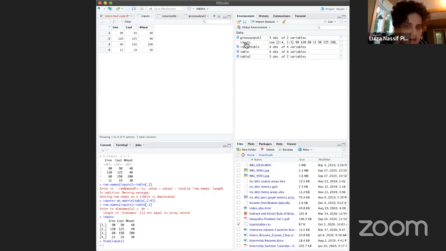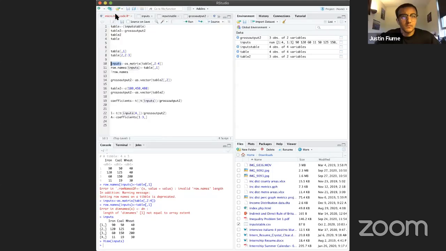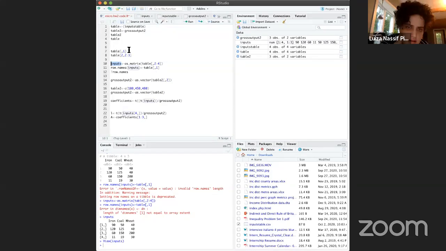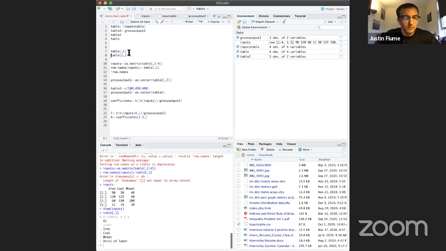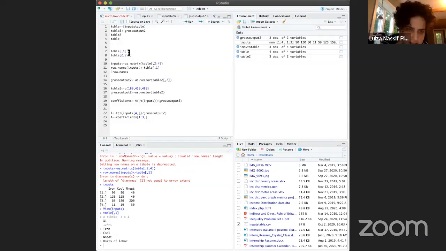Why it's not giving, and then go back and run the table 1, on line 11, or line 7, run line 7 for me. And line 11, try line 11 again.